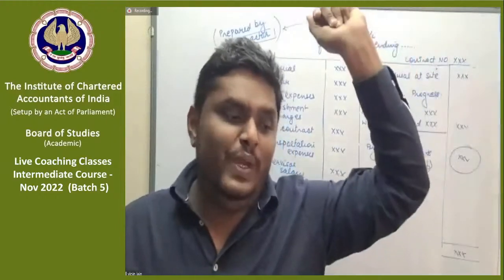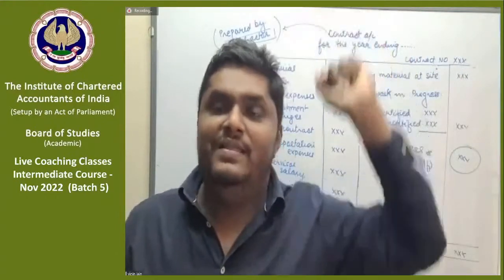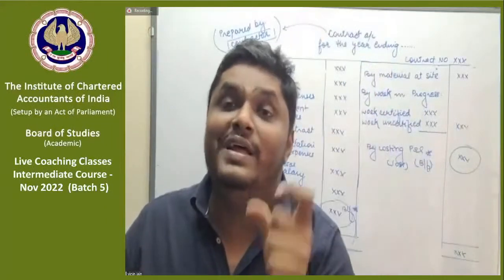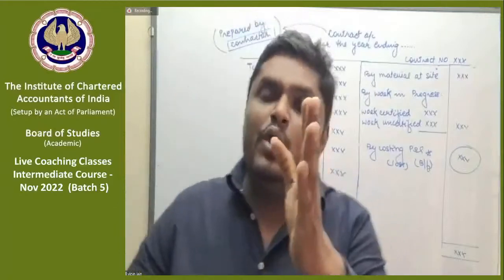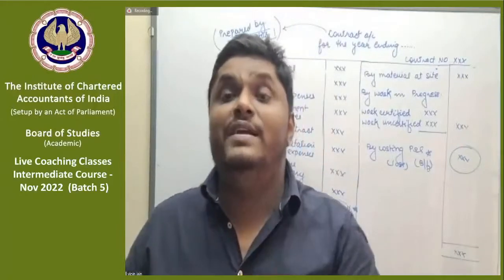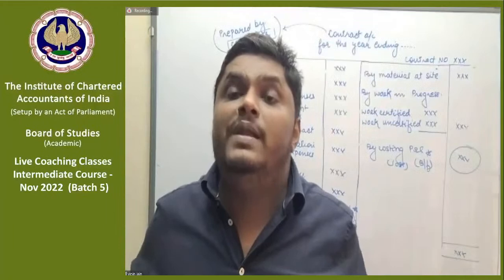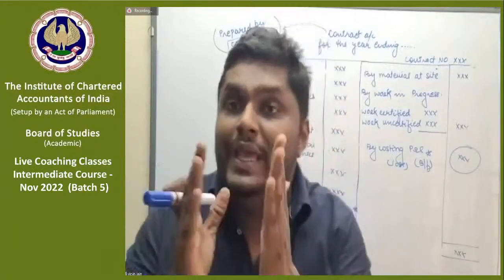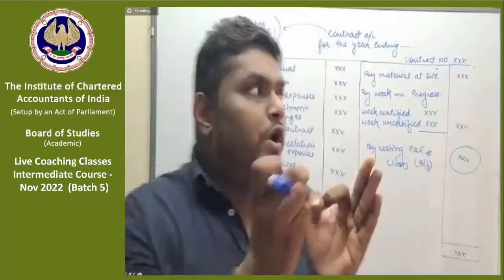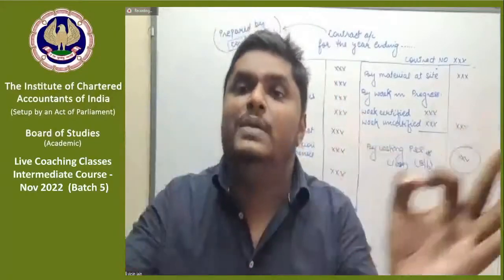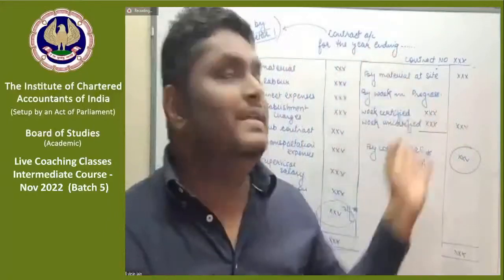Okay, now there is a query from Aditya Mudda that, sir, where we have to record the retention money and the progress payment. Very well said, because most of the students find it difficult. So very important, guys, do make a note of it. No need to write any retention money and progress payment in this contract account.